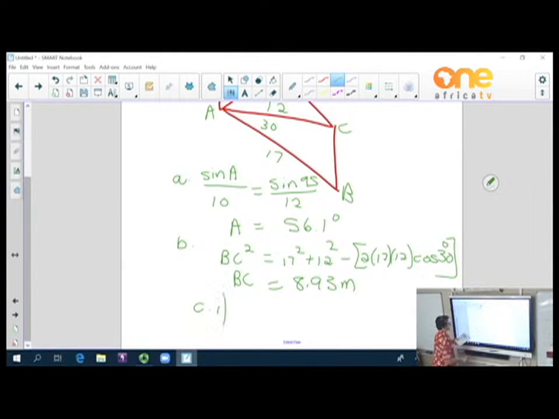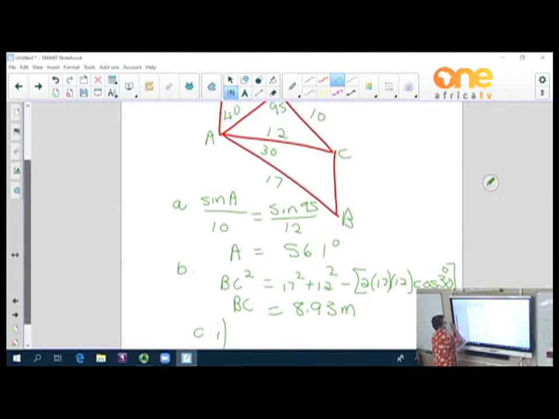Now we're looking at number C. Find the bearings, and this is specifically what we want to look at now here when they have those bearings also there. B from A. Now B from A is this one that we want to find there. So we've got that 40, we have this 56.1, and this one is 30, so we can just add those three angles there, and I have 126 degrees.